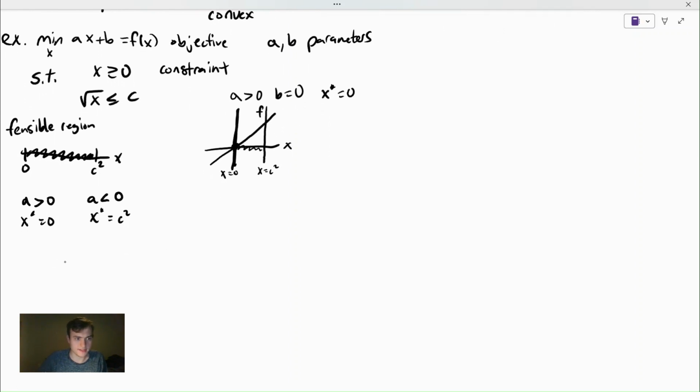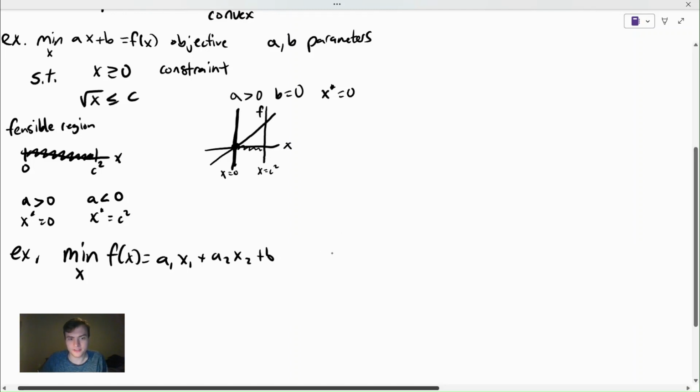Let's look at a slightly bigger example of a linear objective. Minimum over x of f of x equals a1 x1 plus a2 x2 plus b. And now we have 3 parameters in our objective and 2 variables, right? x equals x1, x2 are the variables, and then a1, a2, and b are parameters.